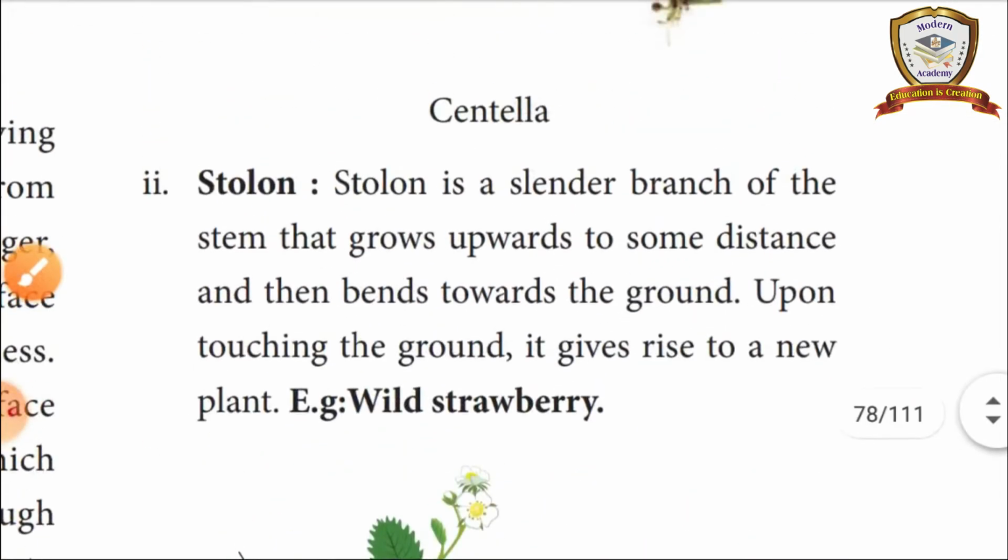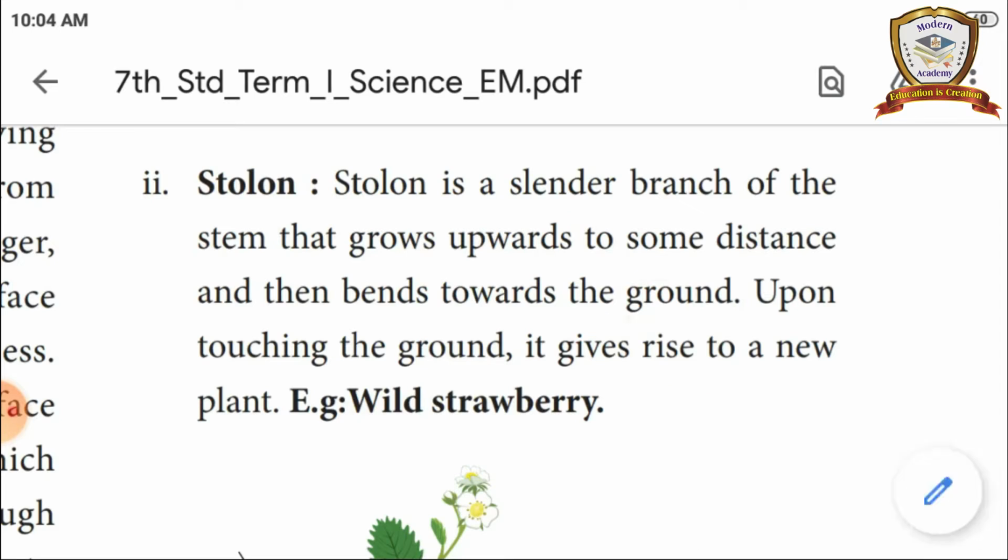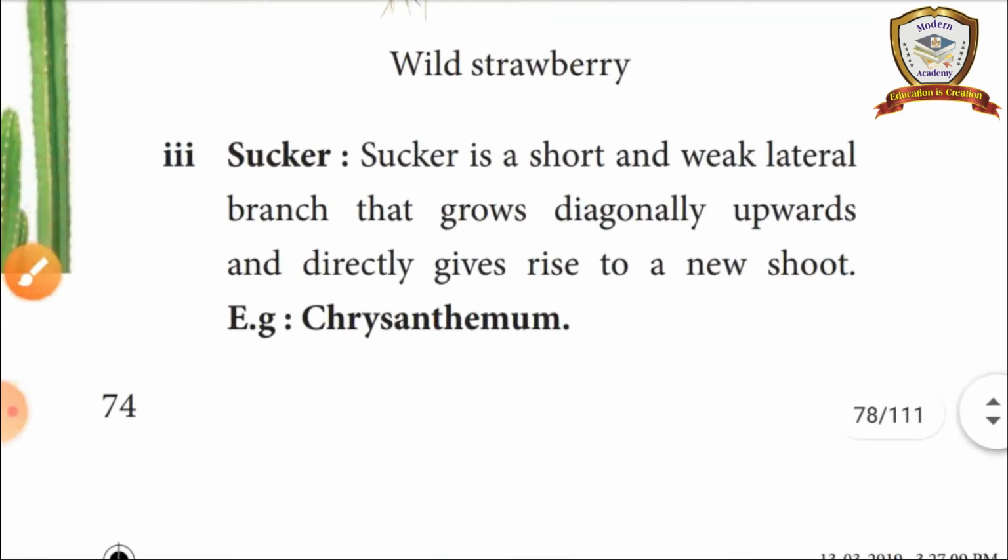Next one, stolon. Stolon is a slender branch of the stem that grows upwards to some distance and then bends towards the ground. Upon touching the ground, it gives rise to a new plant, for example wild strawberry. First it grows above the ground, and once it reaches its range, it bends and touches the ground again. Touching means it starts a new plant. This is called stolon. And the third one, sucker.